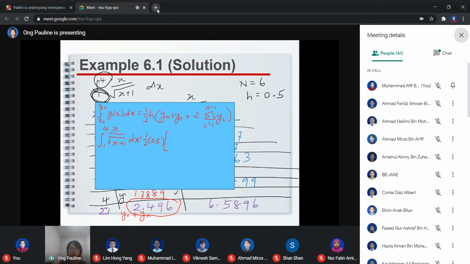So we can substitute y0 plus yn here as 2.496.